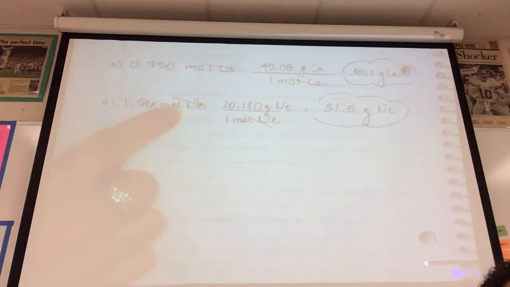If you're given moles or asked for moles, it's going to be a one-step problem in this chapter. Very straightforward.